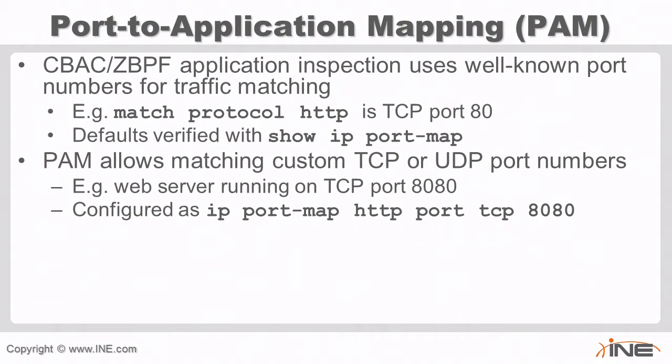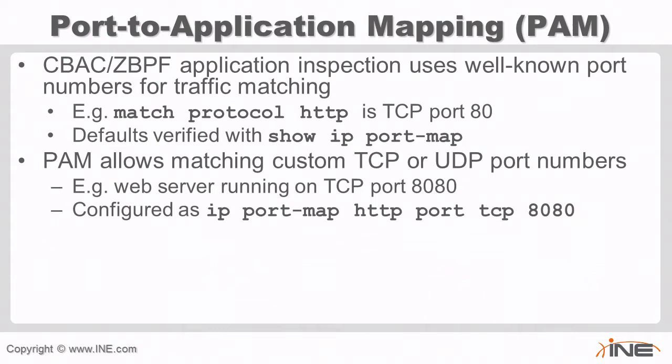The reason you would want to do this is that if you are inspecting traffic with either CBAC or the zone-based firewall, but don't want to set up a complex set of access lists to poke individual holes in the firewall, we can still use the inspection engine, but allow it to run on non-standard port values.